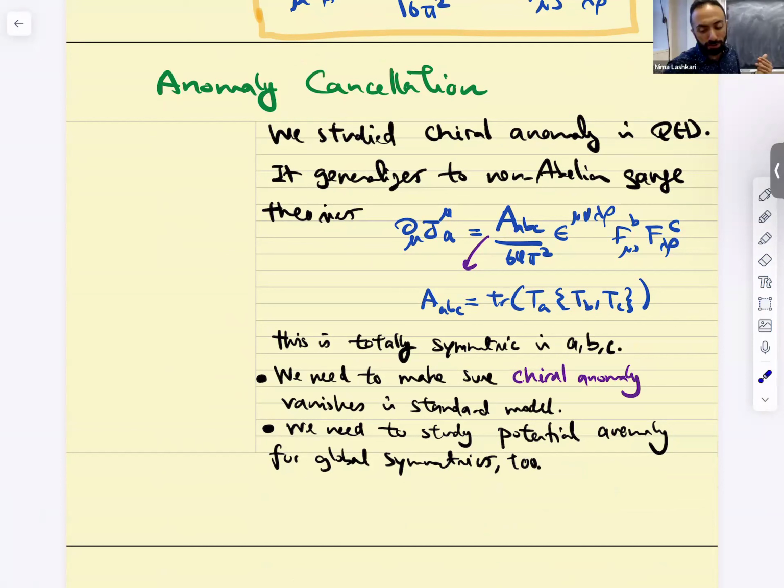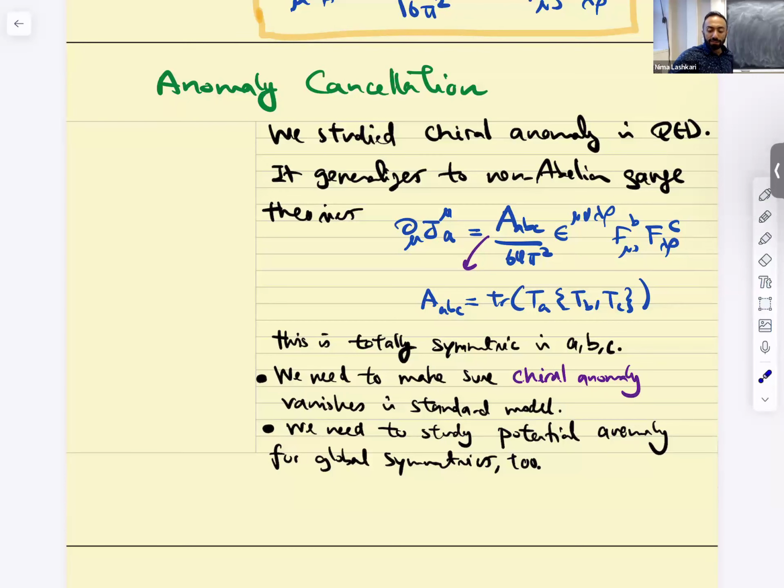The only step that you have to figure out is that these gauge transformations are now Lie algebra valued, so you're dealing with the Lie algebra generators. If you go through the whole thing, you'll learn that there's this extra coefficient A_ABC, which is the trace of T^A, the anti-commutator of T^B T^C. Importantly, this is totally symmetric in ABC, and that was important because it cuts down the number of anomaly terms we have to calculate.